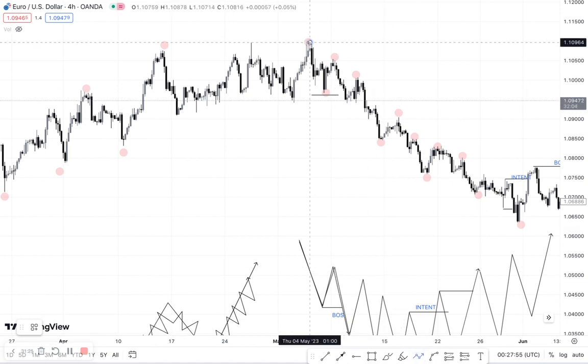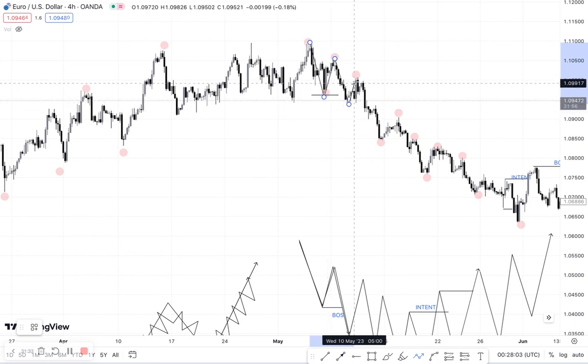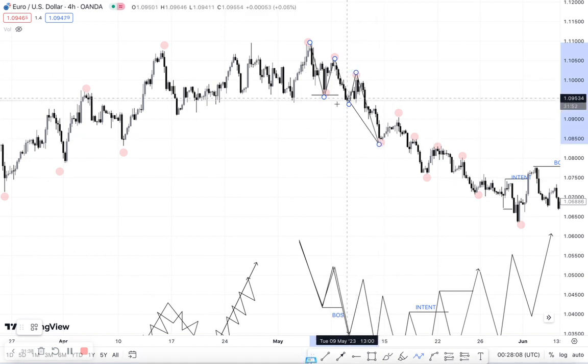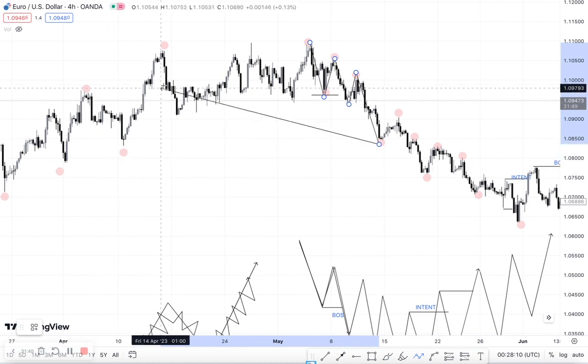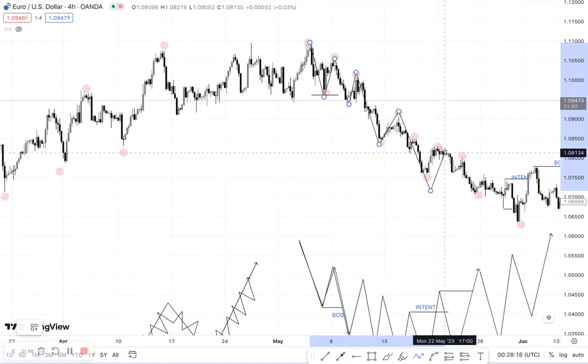So price moved from this point, creating a low, creating a high, and then pushed down. So we now had our intent here, right? Intent. Then price now pushed up again, and then gave us a second confirmation that okay, fine. Price has moved from an uptrend to a downtrend. Okay, so price keeps on going down, going down, going down.